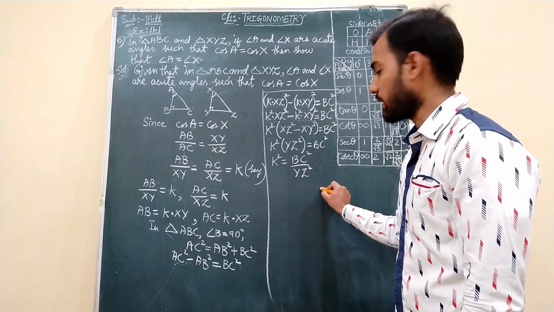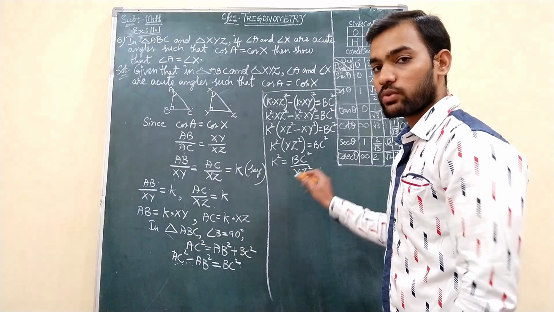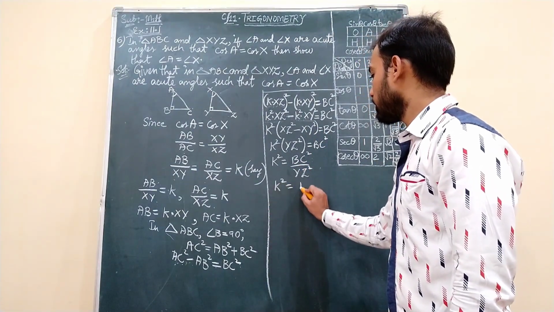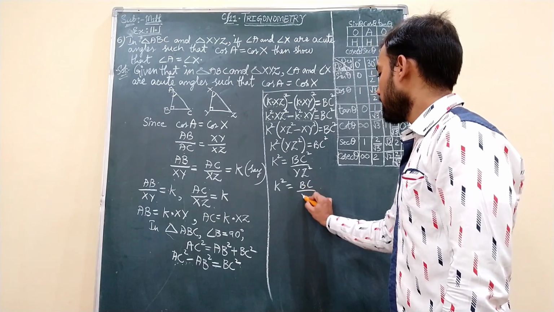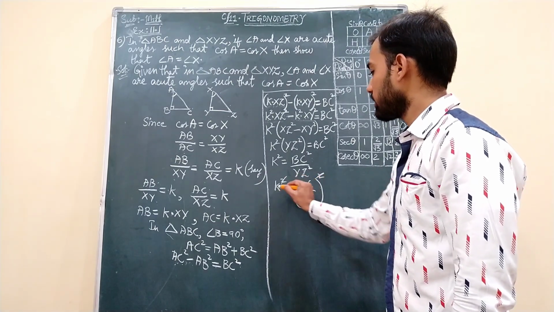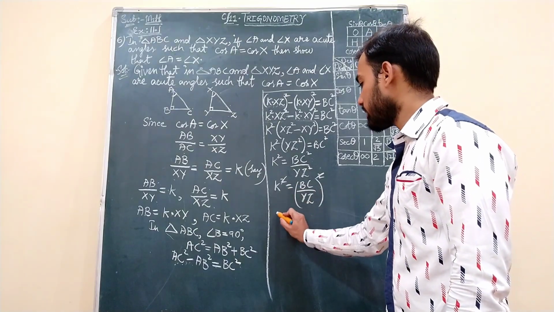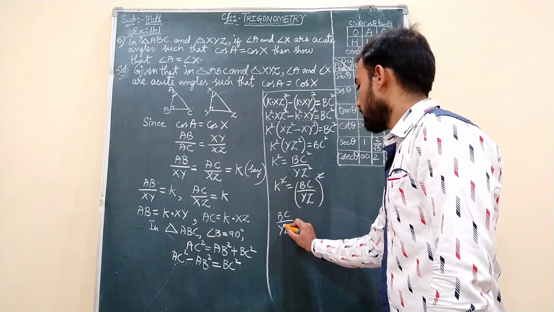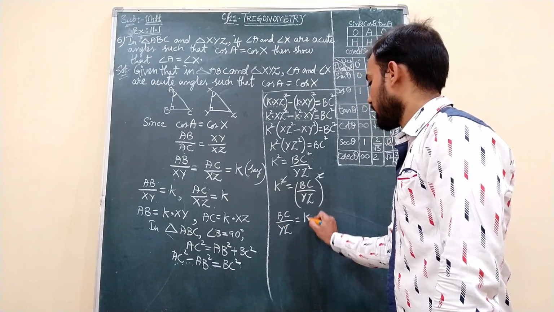Multiplication changes to division. Since both are having square, I can write whole square. So I will get K square is equal to BC by YZ whole square. This square gets cancelled. Therefore, I can say that BC by YZ equals K.